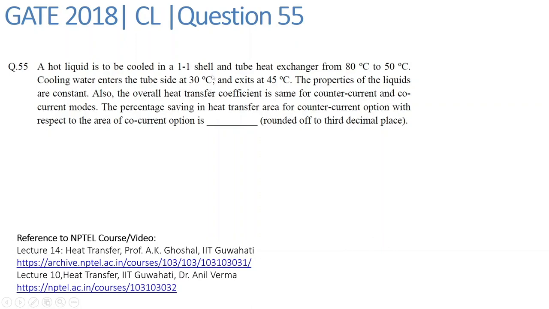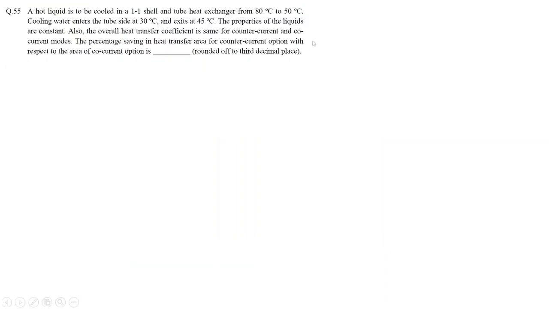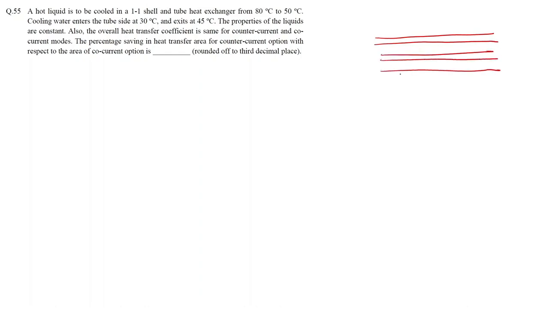So for the given shell and tube heat exchanger, we have been asked to compare the performance of the counter current as well as co-current mode. A general schematic of any shell and tube heat exchanger will be like this. Let's say we are having multiple tubes.